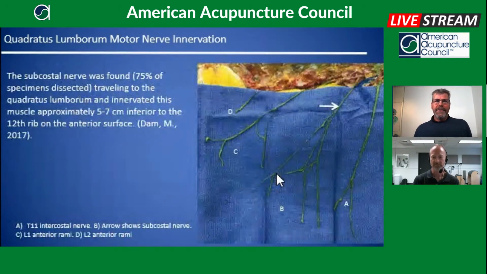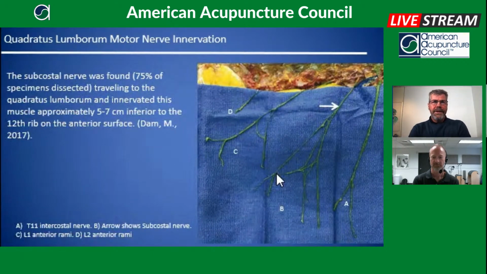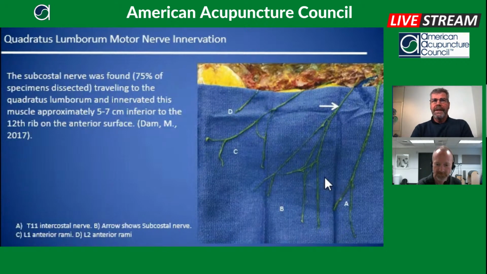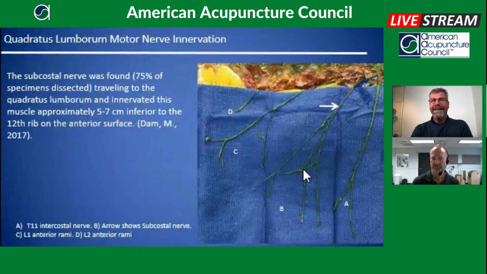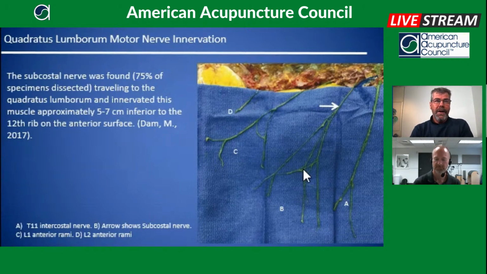Here, you've got the T11 intercostal nerve, and then the subcostal nerve will be B. You can see that it has a larger spread of innervation. They opened up that subcostal nerve so that you can see the different branches. Then C is your L1 anterior rami, and D would be your L2. C would end up being, I believe, part of the ilioinguinal and possibly part of the iliohypogastric.